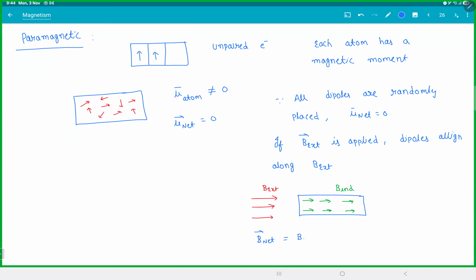B net becomes B external plus B induced. So the field actually increases.